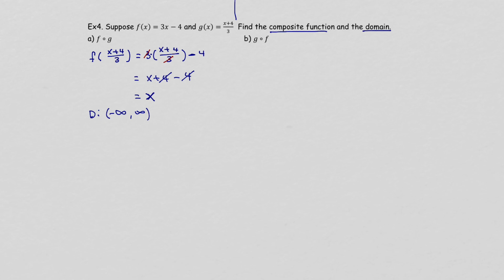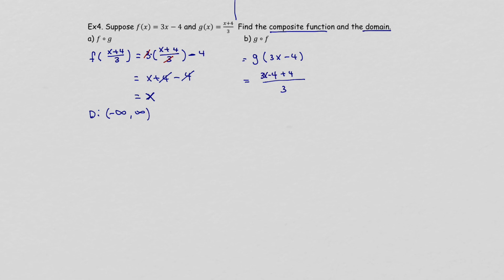Let's try the other one. G of x function, right? You're going to replace x with f of x, which is g of x is x plus 4 over 3. Your x is 3x minus 4.